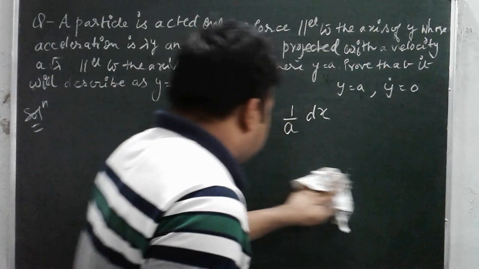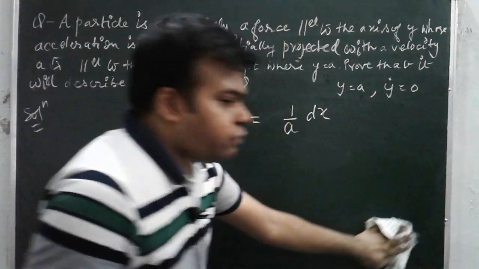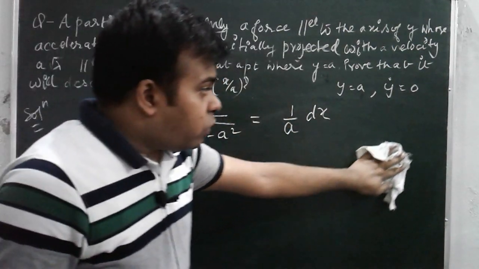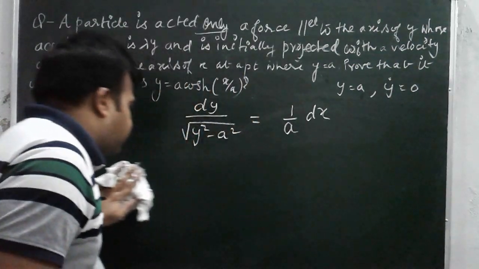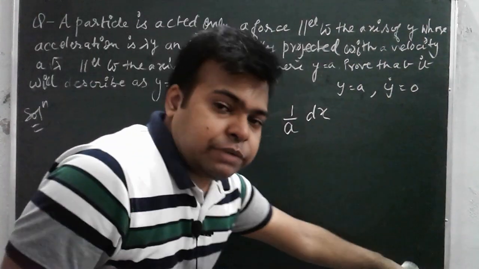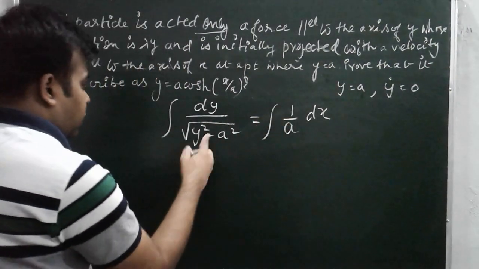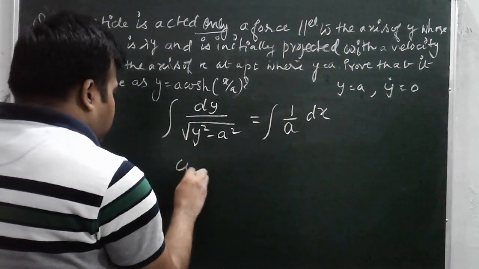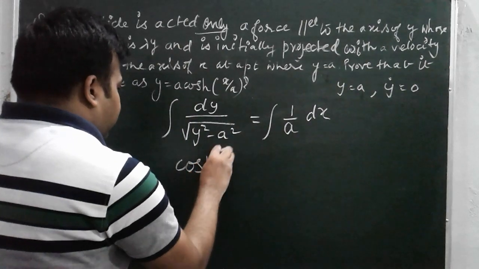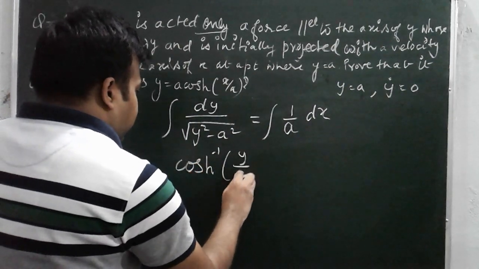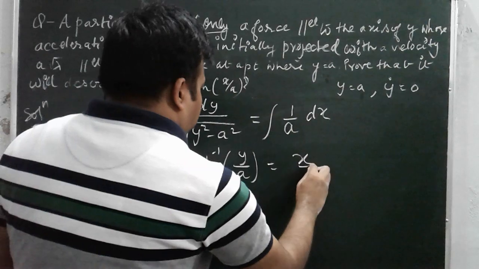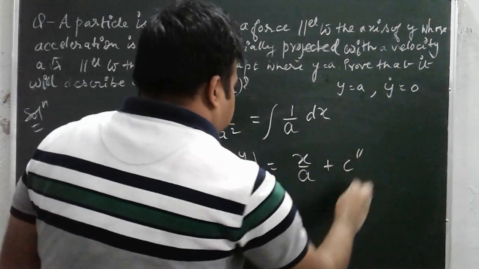This is what we get from the concept of variable separable, which we have studied in differential equations. Now if we integrate both sides, we get cos hyperbolic inverse of y over a equals x over a plus c double dash.